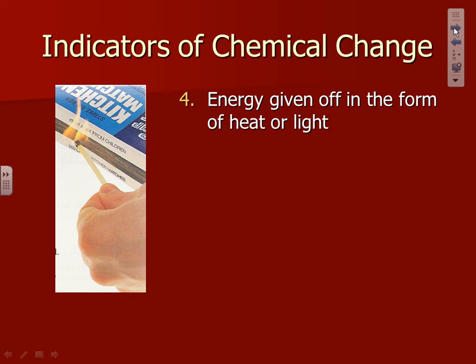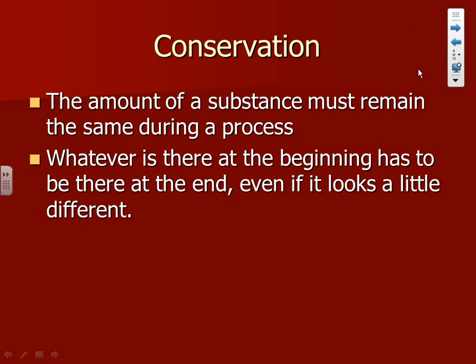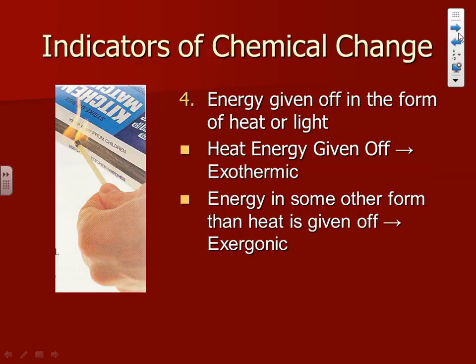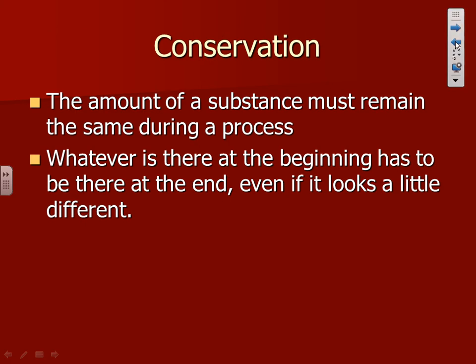All right, to finish this up, conservation. Conservation is an idea that we've talked about before, right? The amount of a substance must remain the same during a process. Now, when it says the amount of a substance, that depends on what kind of substance we're talking about. We've talked about two conservation laws so far this year. Do you remember what the two conservation laws are?